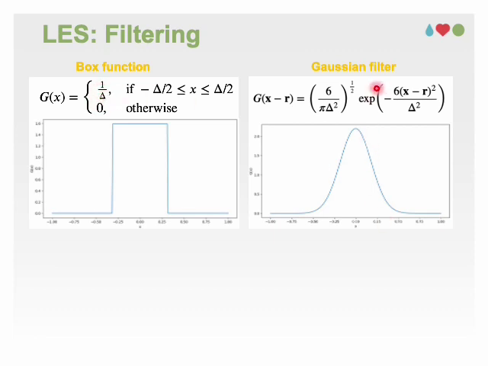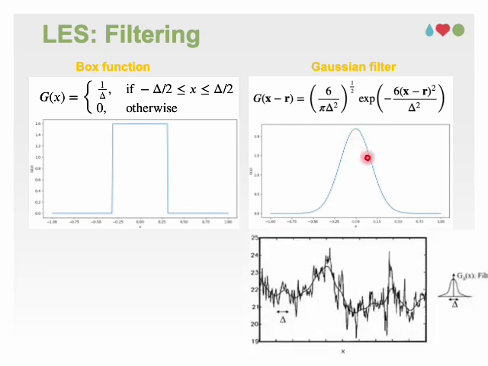On the other hand, the Gaussian filter kernel is a continuous, smooth function that has a bell-shaped curve. This figure shows how a Gaussian filter with a length of delta smoothes out the fluctuating signal.